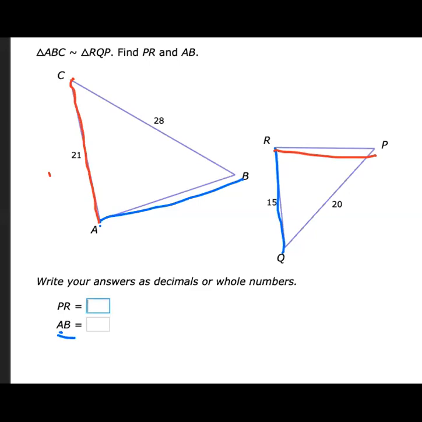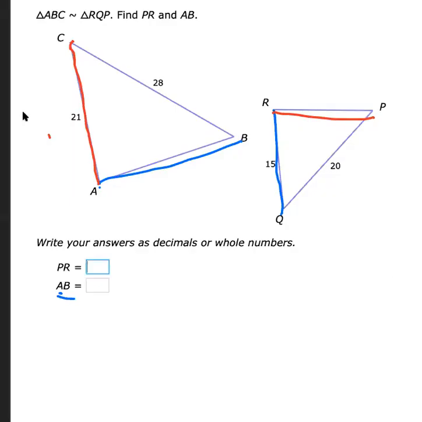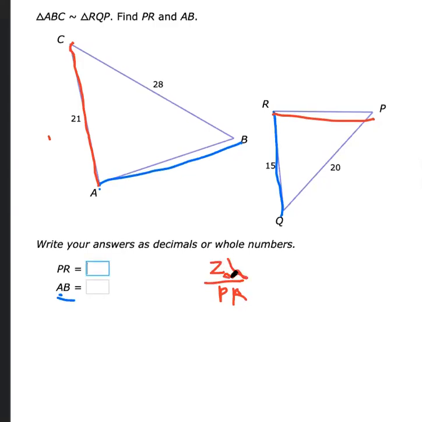All right, so let's try to find PR first. All right, so PR. And on the other side, we have 21. Oops, let me take that out.